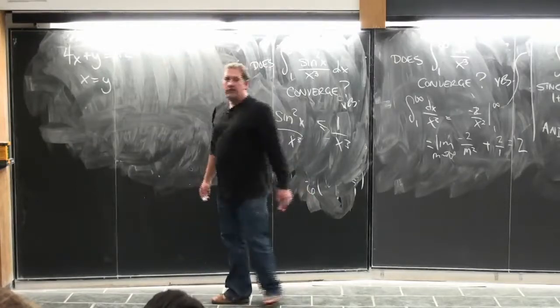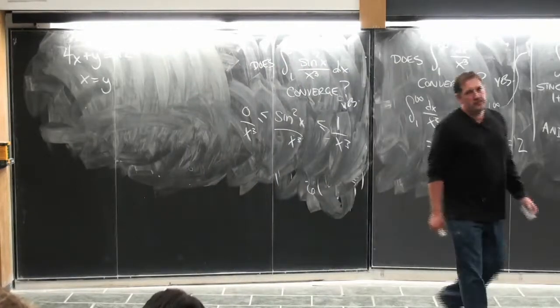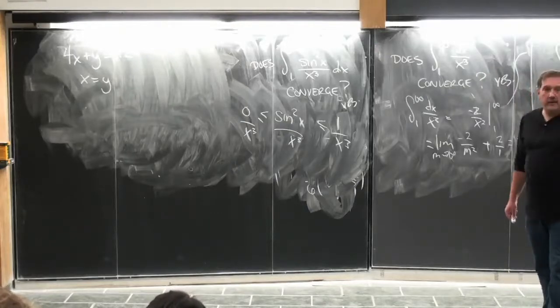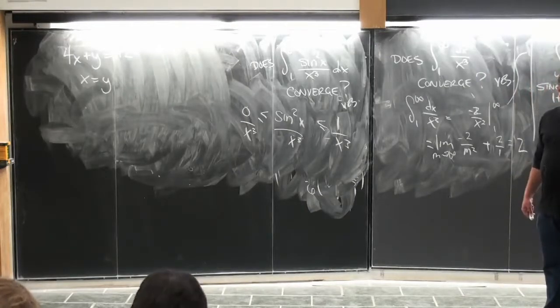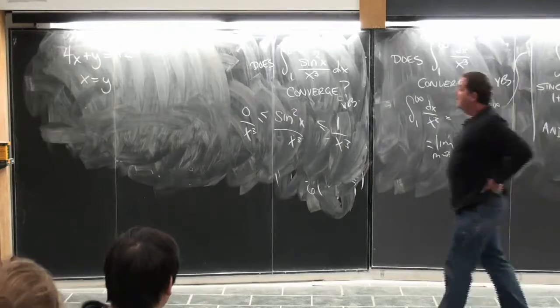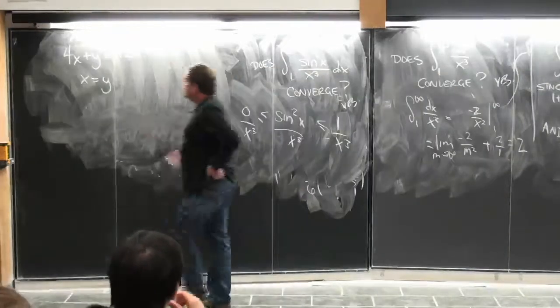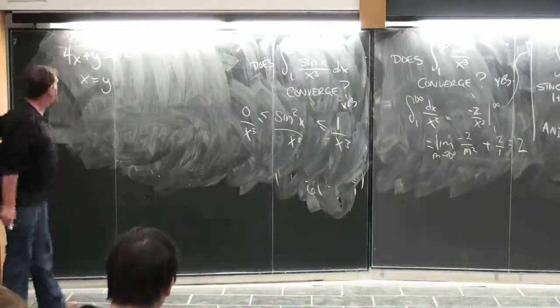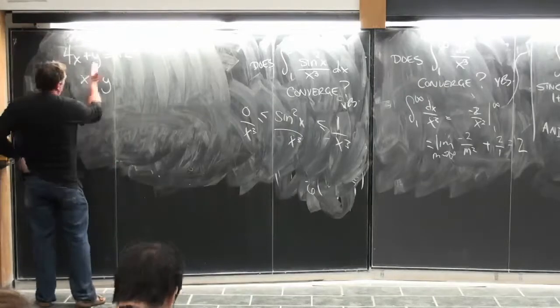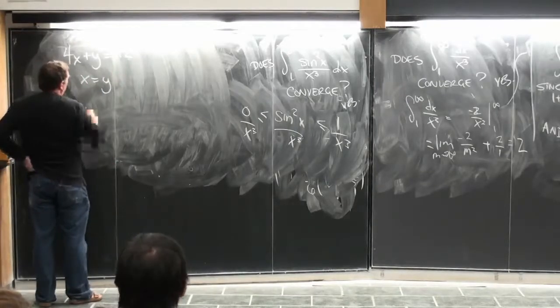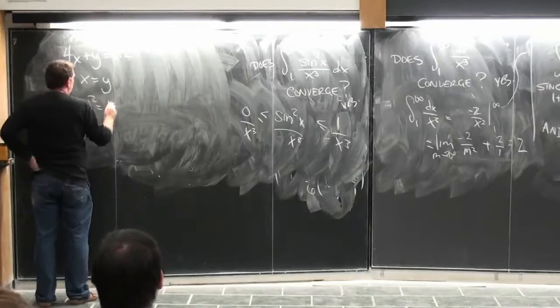All right. So if we're doing this, we have to figure out what the region is, or we just have to figure out where they cross, and then figure out what to do here. So, what does the picture of this look like? Well, this is the same thing as saying y squared equals 12 minus 4x.